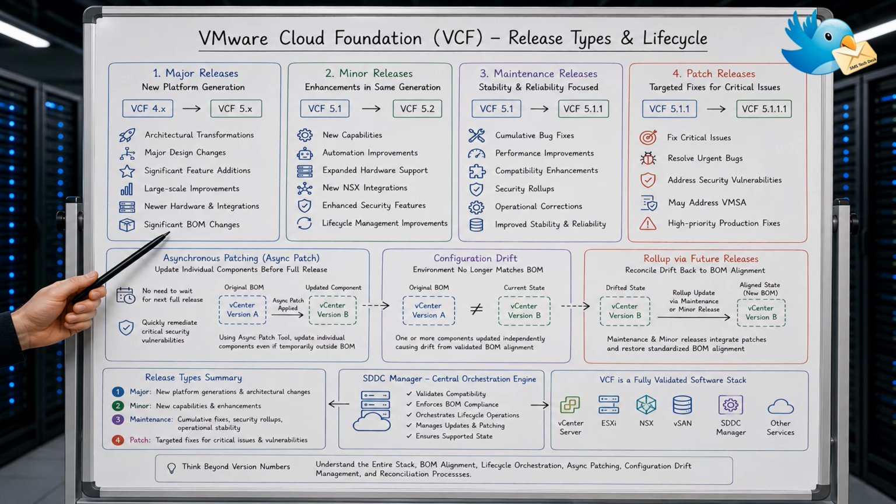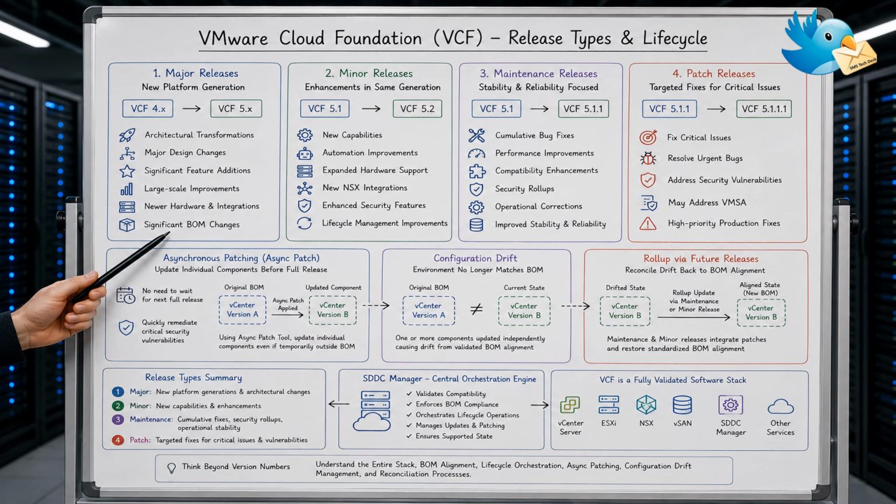Then it's going to provide expanded hardware support, NSX enhancements, and lifecycle improvements. But it's going to maintain the same core architecture, because you can see the number here, 5.1 or 5.2, 9.0 or 9.1. The architecture is going to remain the same. There won't be any major shift in architecture, right? Like we saw in 5.x to 9.x.